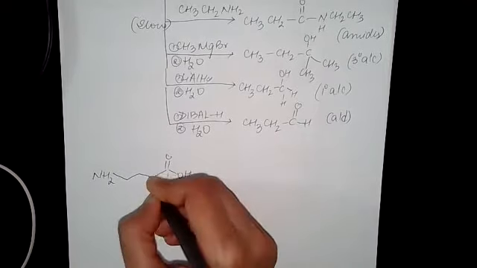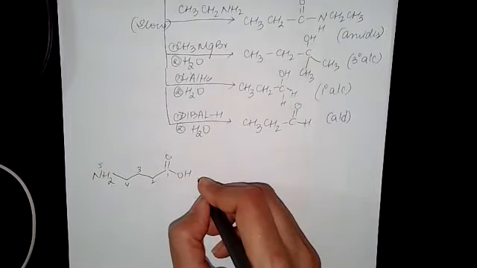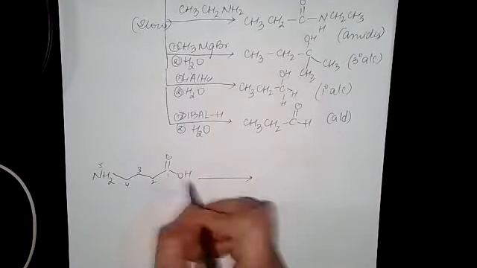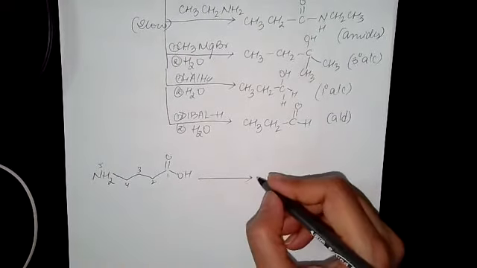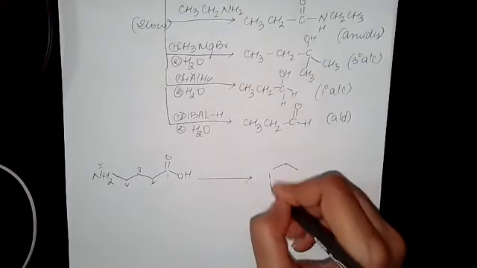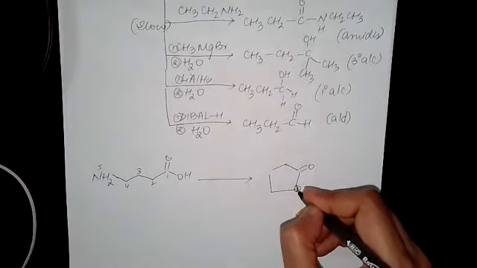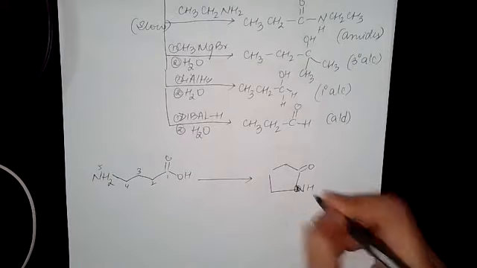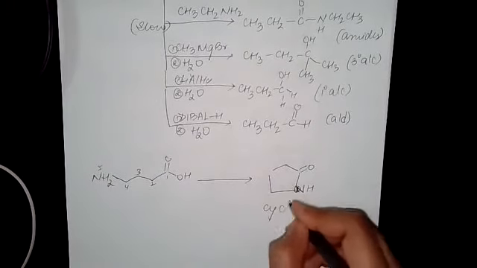This amino acid, the amine and the acid part, can cyclize and give you a cyclic amide.